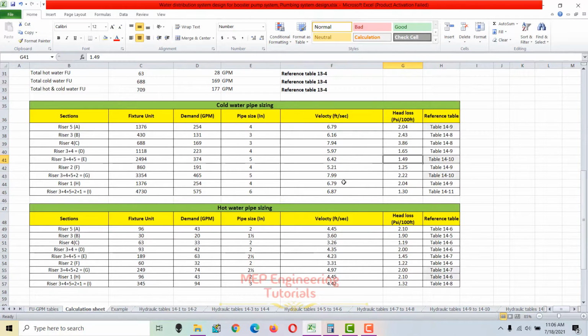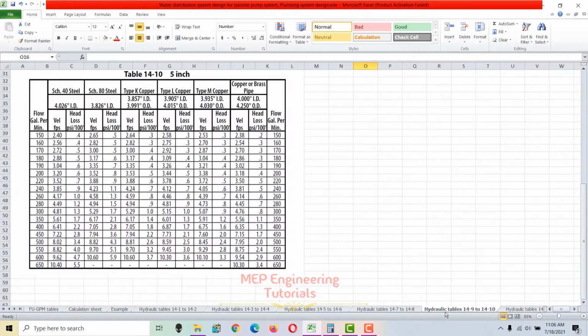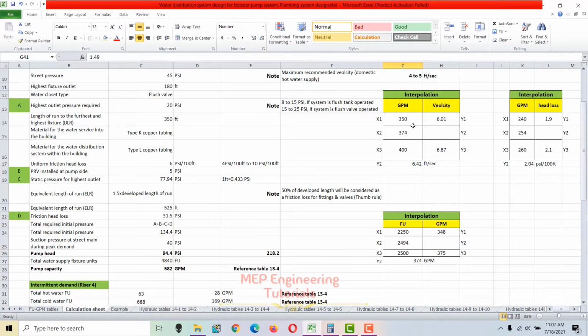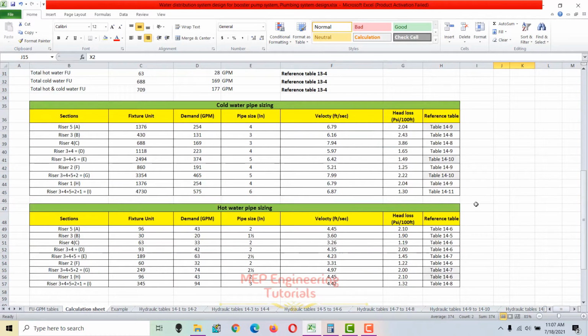Now we need to calculate the head loss as well. In the same way, we go to the 14-10 table. At 350 the head loss is 1.3, and at 400 the head loss is 1.7. The head loss is 1.49 psi per 100 foot at 374 GPM.